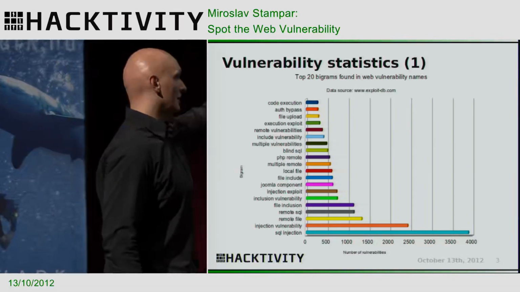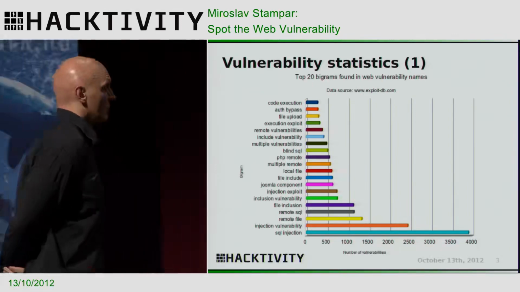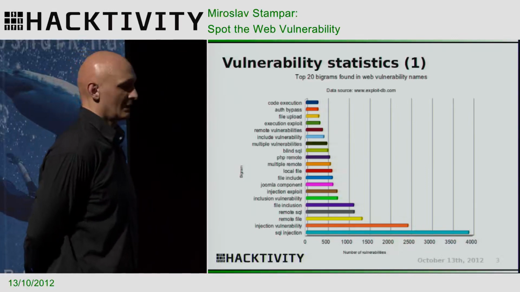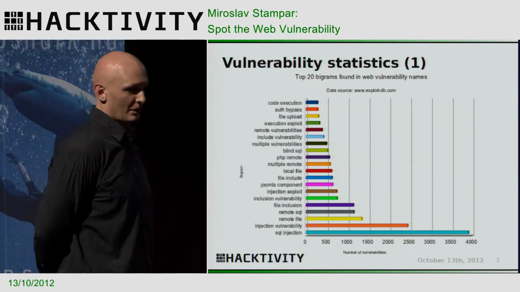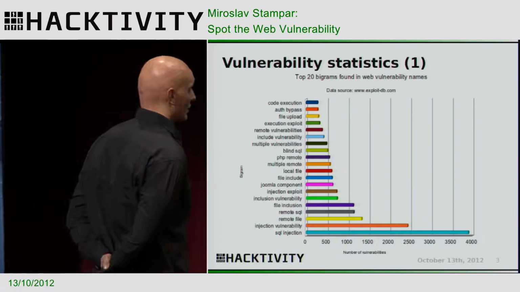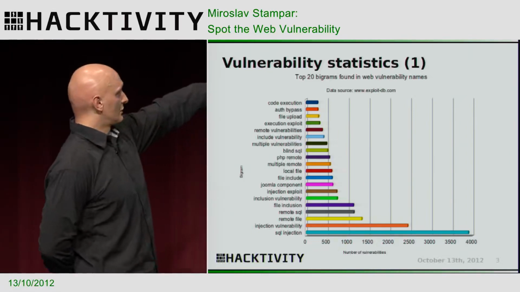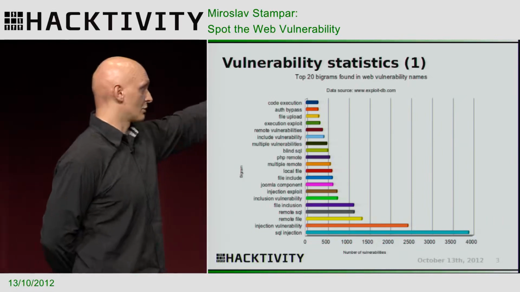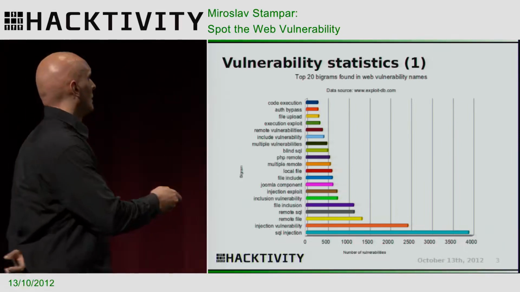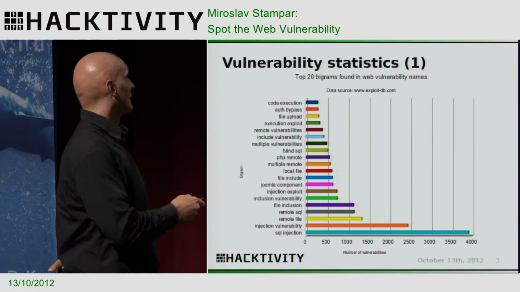and resulted with this. You can see that SQL injection is by far the most prevalent vulnerability exploited by people around. Also, you have the injection vulnerability bigram, which is also including some of those SQL injection and cross-site scripting stuff. You see some inclusion, some local file inclusion.